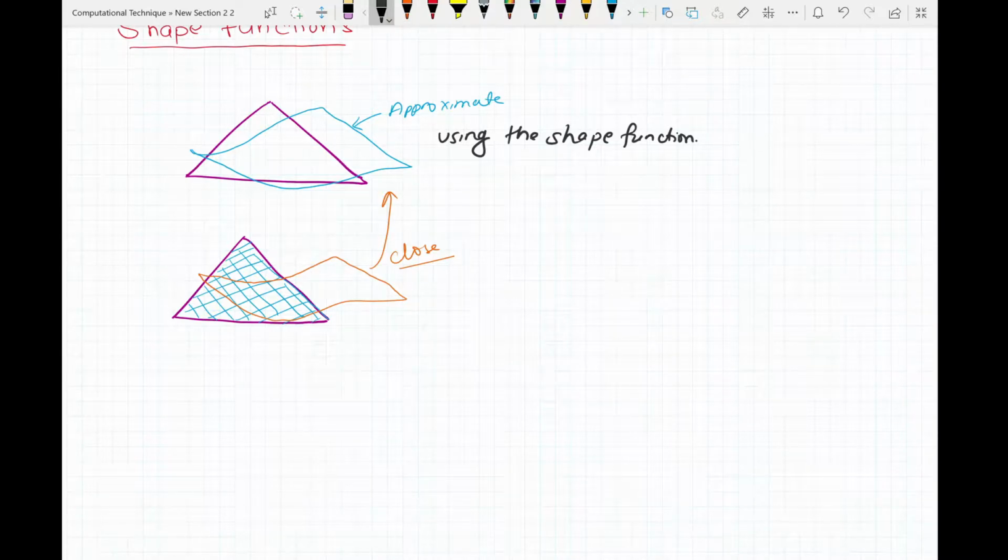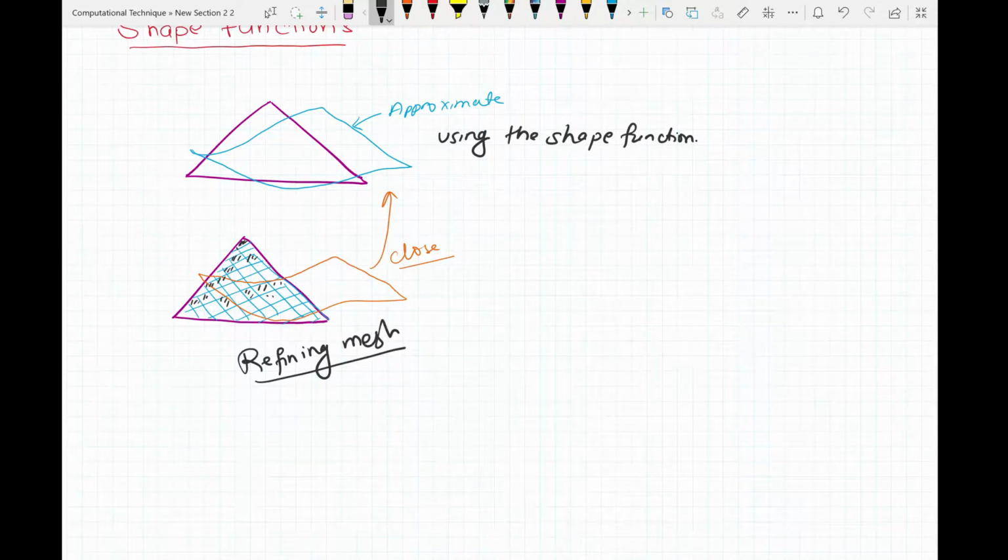Here what we have done is we have used a very fine mesh, very tiny elements, rather than a continuous element to approximate its solution. It is kind of like refining your meshes.